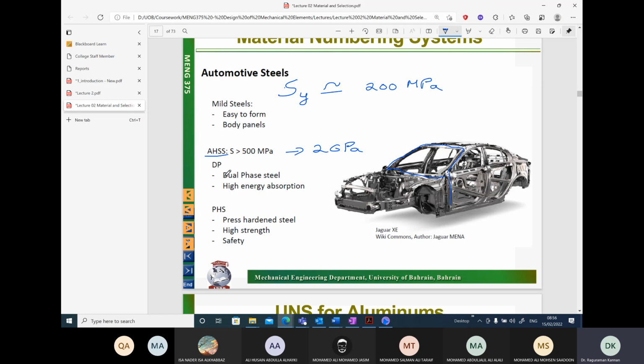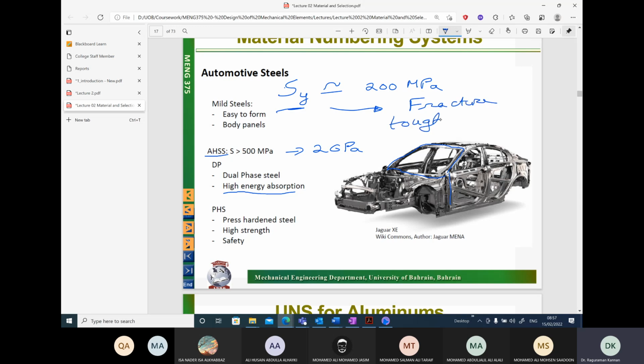For example, dual phase steel has two different phases. By adding different elements, you create these two different phases. And in dual phase steel, even though the yield strength is very high, it usually also has a very preferable high energy absorption property. Now, there are two properties in materials which are usually inversely related: yield strength and fracture toughness.